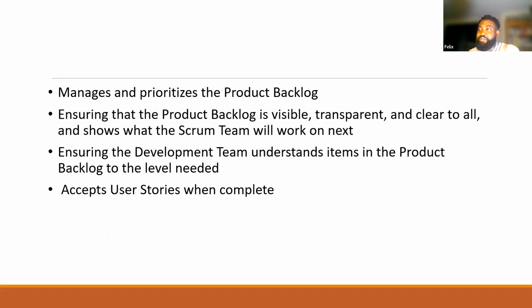So ensuring that the product backlog is visible, transparent, and clear to all, and shows what the Scrum team will work on next, all boils down to having frequent backlog refinement sessions. During this time, you ensure that the product backlog is ready. And this is the time where the Scrum team asks all required questions of the product owner in regards to the description of the user story and the acceptance criteria, ensures that they understand it, and estimates it and so on.